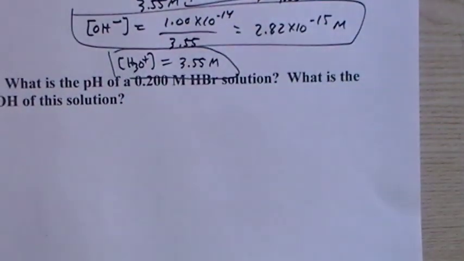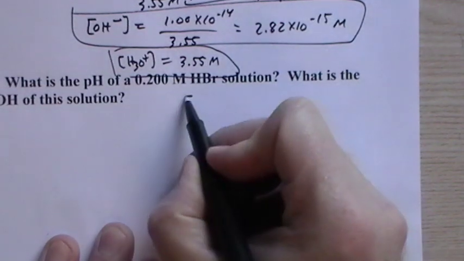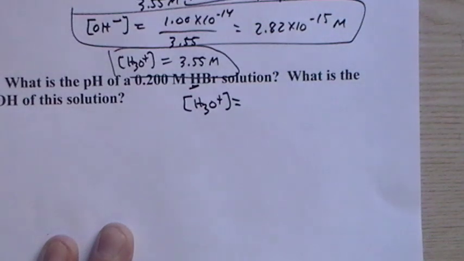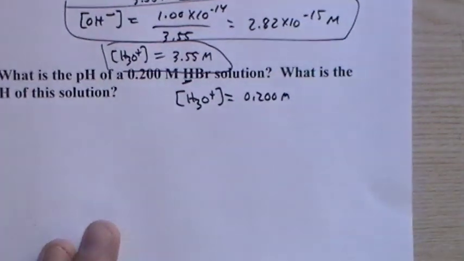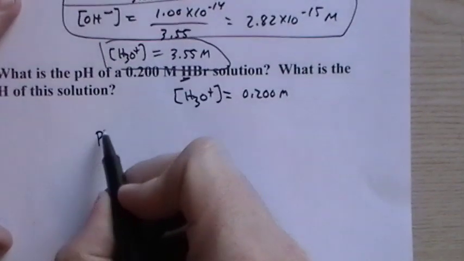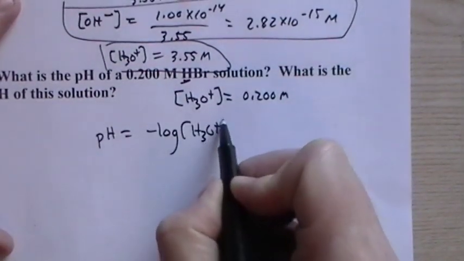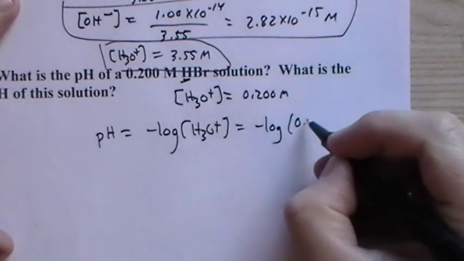What is the pH of 0.2 molar HBr? HBr is a strong acid, so we know that we're going to have 0.2 molar H3O+. So our concentration of H3O+, since it's a monoprotic strong acid, is going to be the same concentration. So pH is negative log of the concentration of H3O+, so it's the negative log base 10 of 0.2.